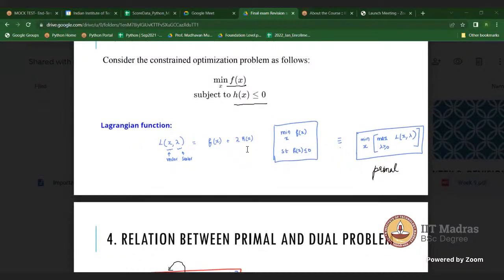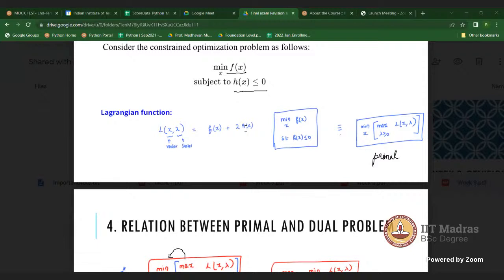First I maximize L of x comma lambda over lambda and then minimize over x. When I maximize, I choose the lambda value such that L of x comma lambda is maximum. So when h of x is greater than 0, I take lambda equal to infinity, so that L of x comma lambda will be infinity.